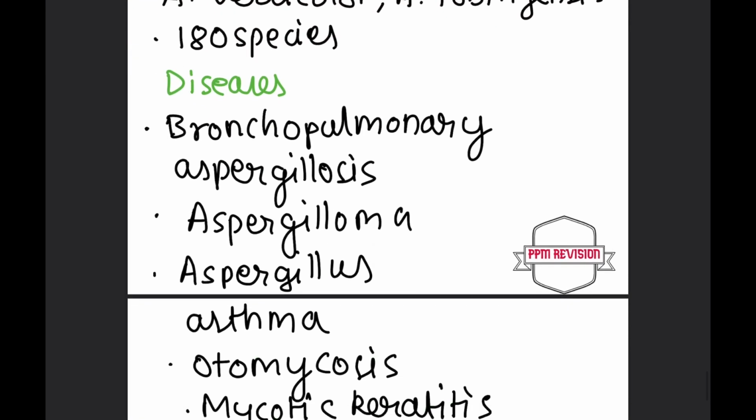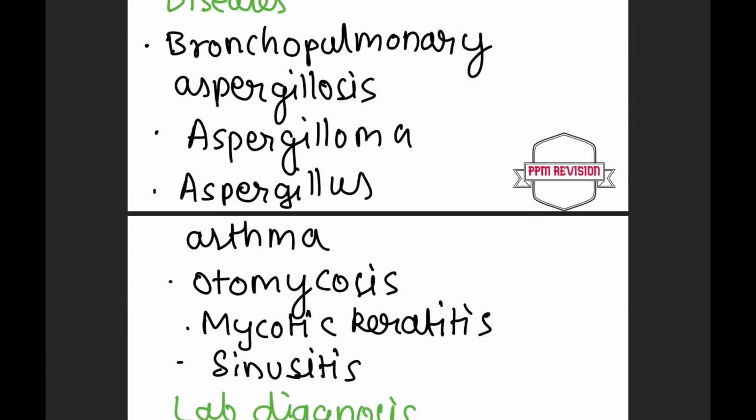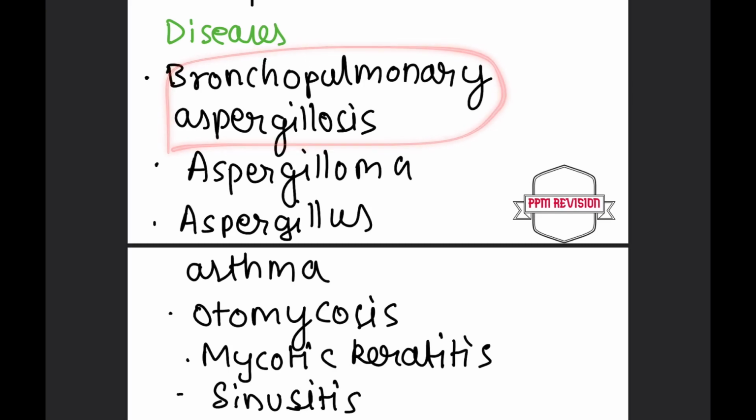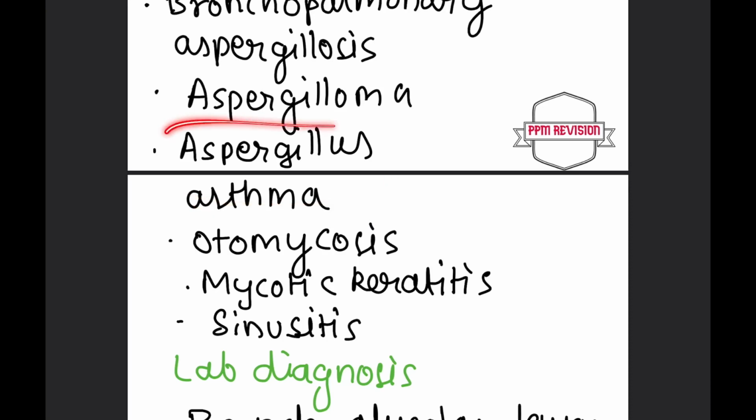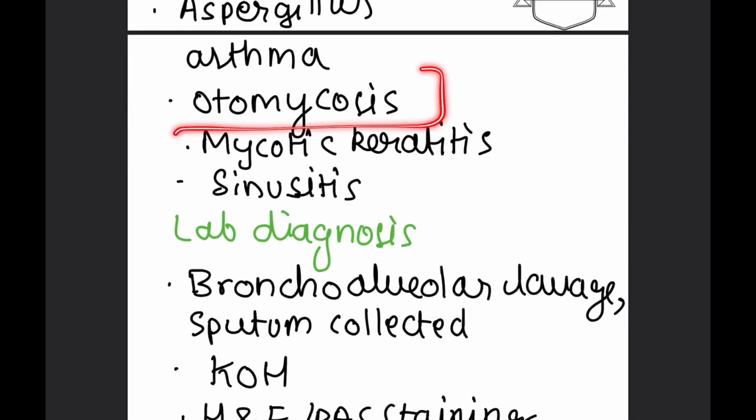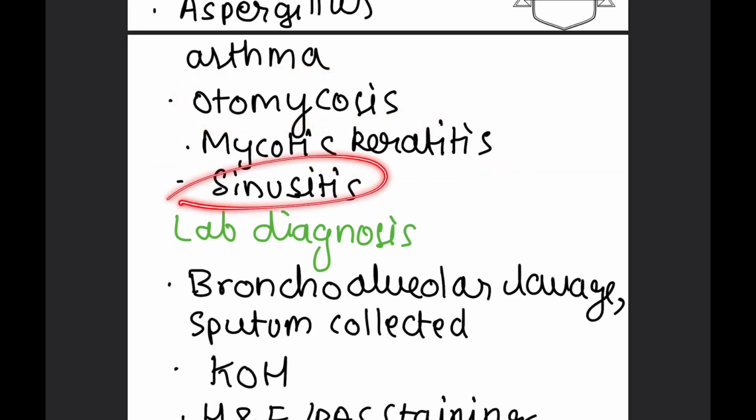Then going on to the diseases it causes. Aspergillosis can cause bronchopulmonary aspergillosis, which is concerned with the lungs, and then aspergilloma and Aspergillus asthma are also seen. It also causes otomycosis, mycotic keratitis, and sinusitis.